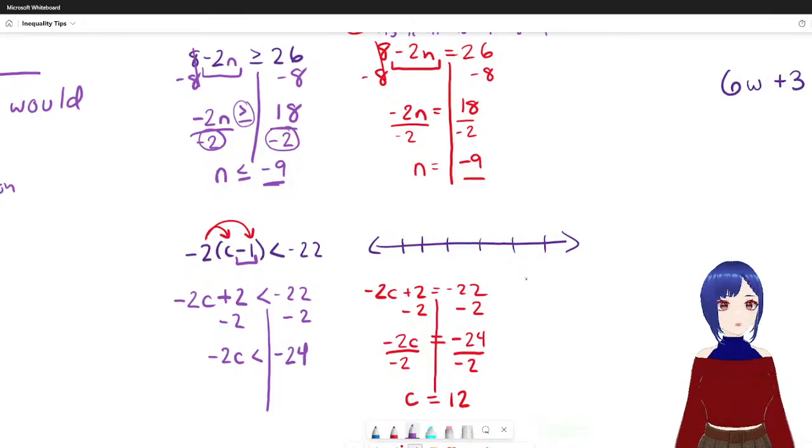But then, as I mentioned in the previous example, because we have to divide by a negative, that -2, the one that I'm writing down twice, it's going to flip our signs. So that -24 became a +12. It's flipping our signs, so we gotta flip our symbol. So it becomes c is greater than 12.